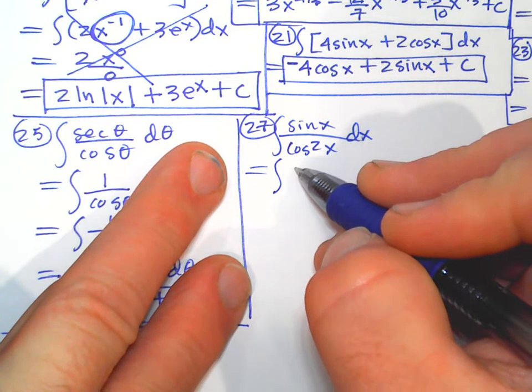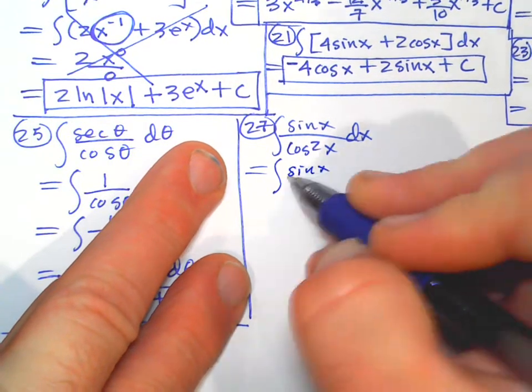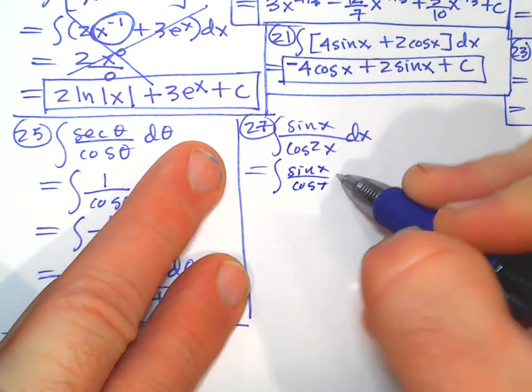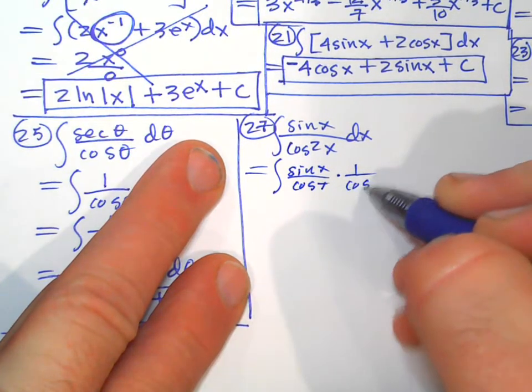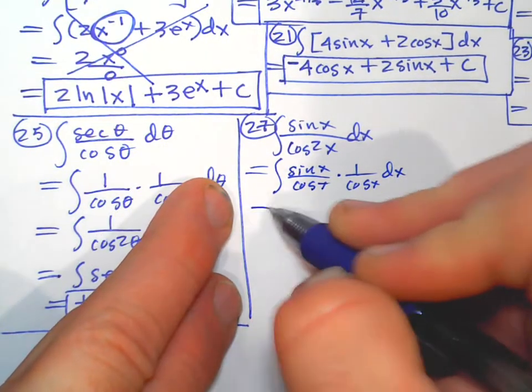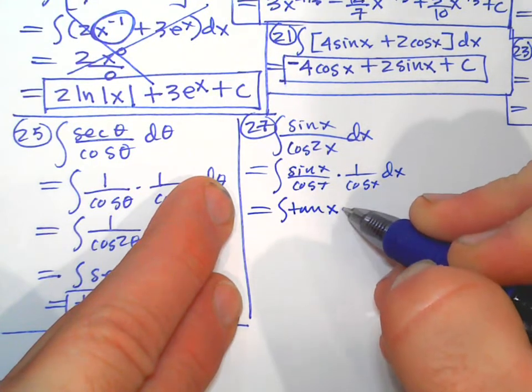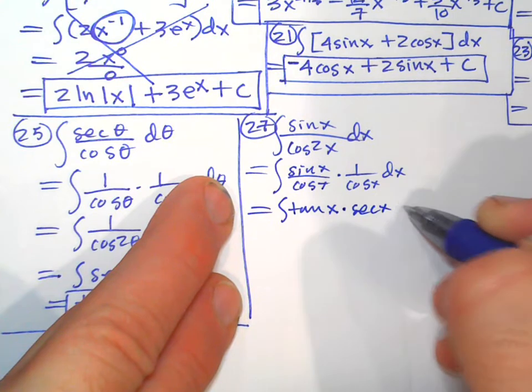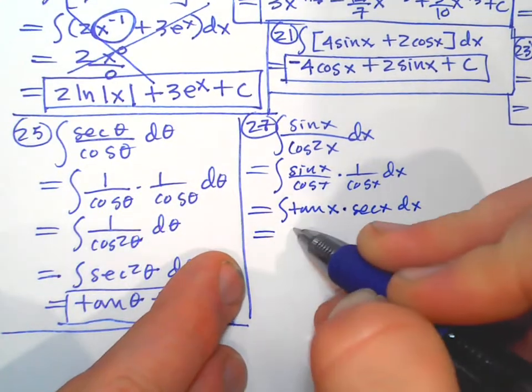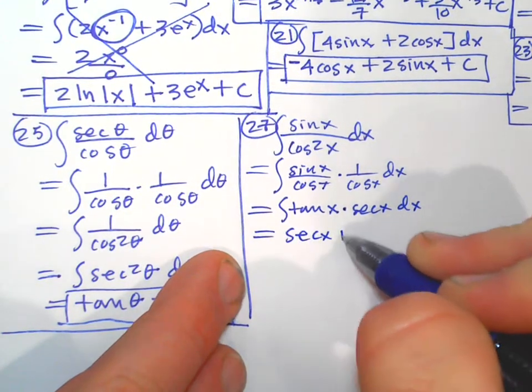Let's first say, well, let's break this up. This is sine over cosine times 1 over cosine. So another way to think of this is tangent, and then 1 over cosine is secant. So this is secant tan, right? Which is the derivative of secant.